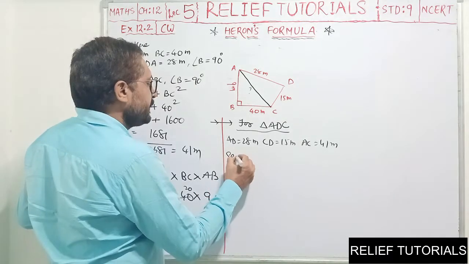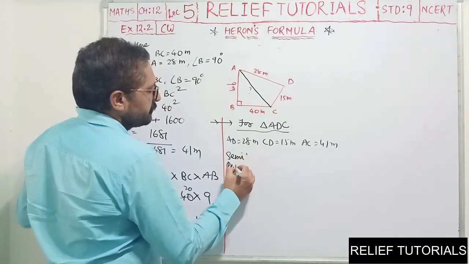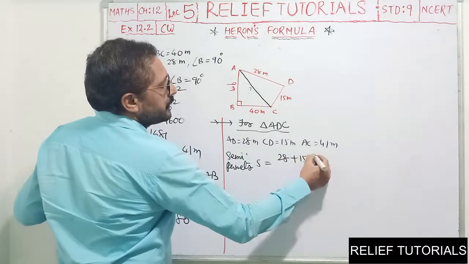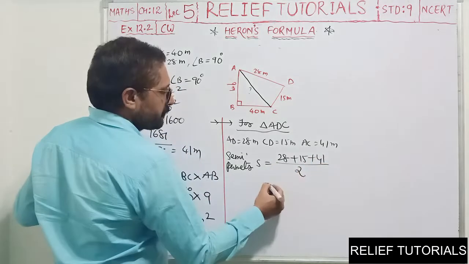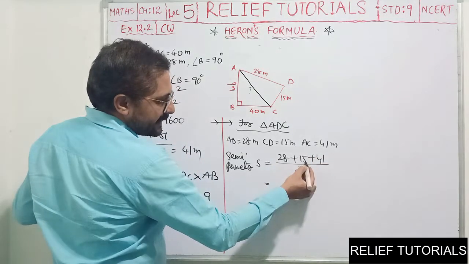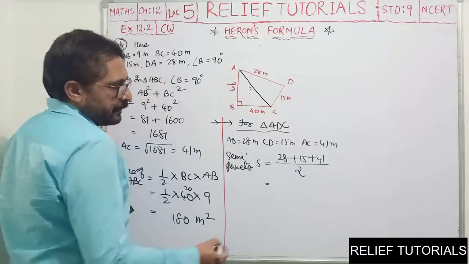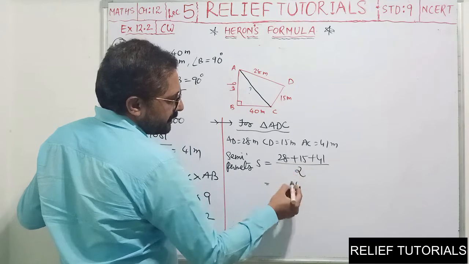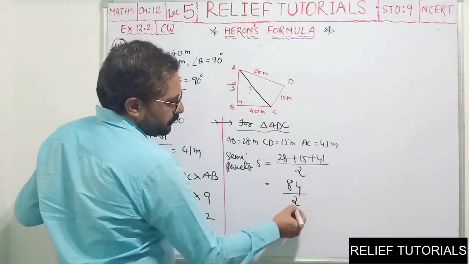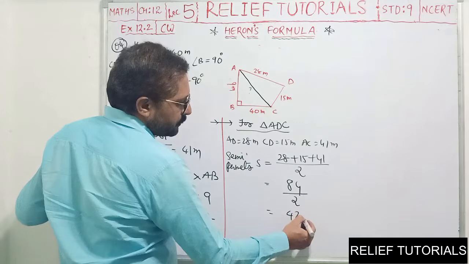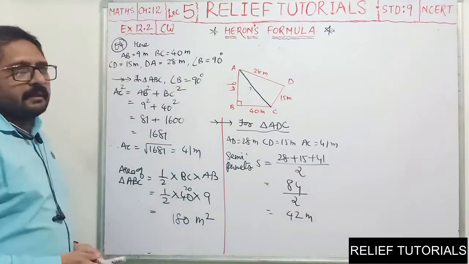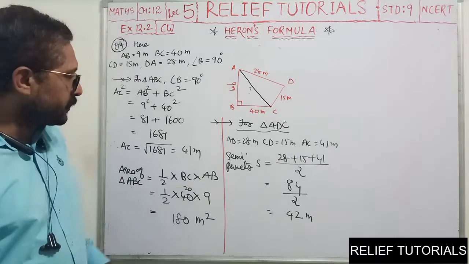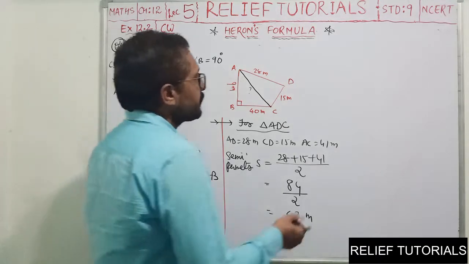So now we'll find the semi-perimeter. 28 plus 15 plus 41, that is 84. 84 upon 2 is equal to 42 meter. So in this way we got the semi-perimeter. Now we'll find the area by using Heron's formula.